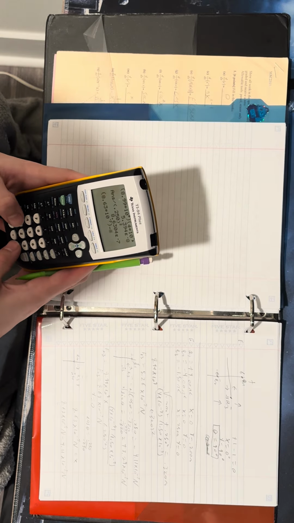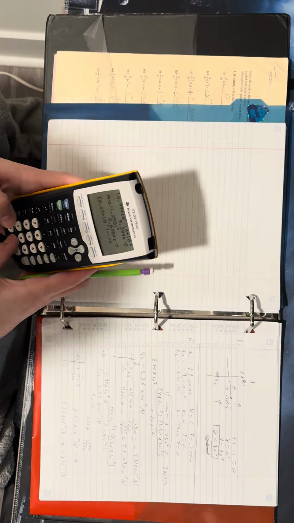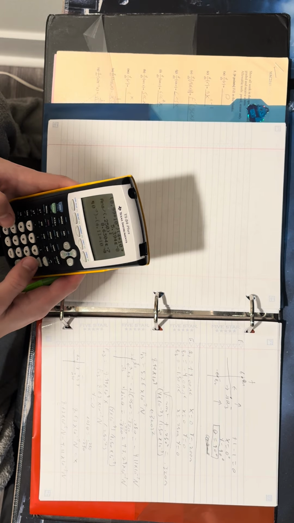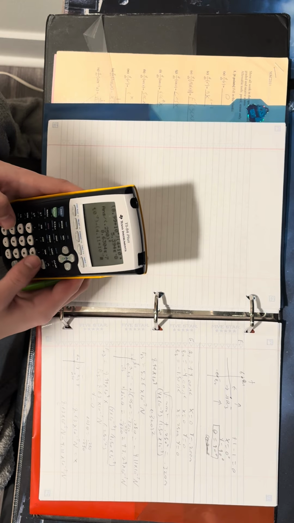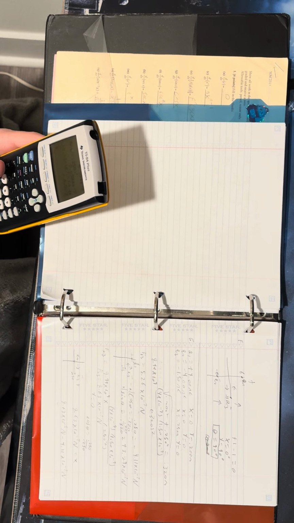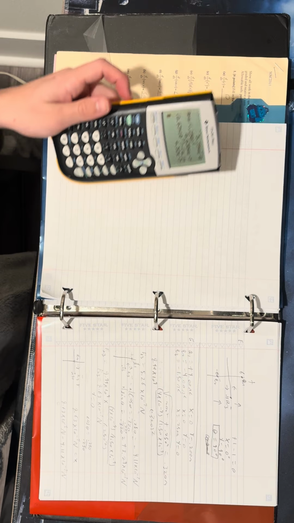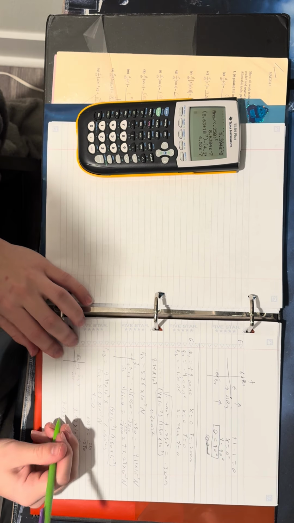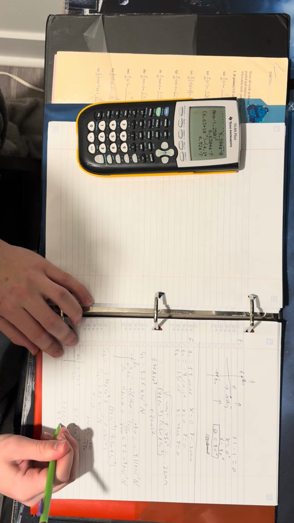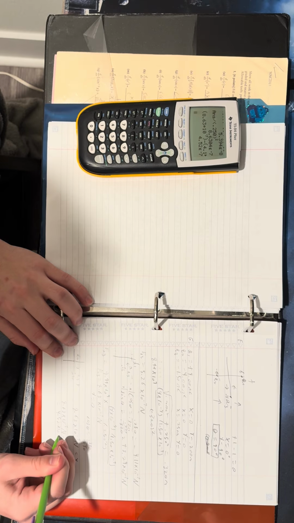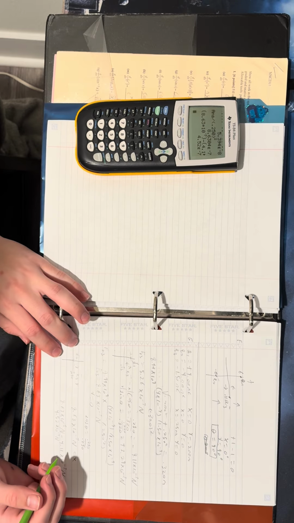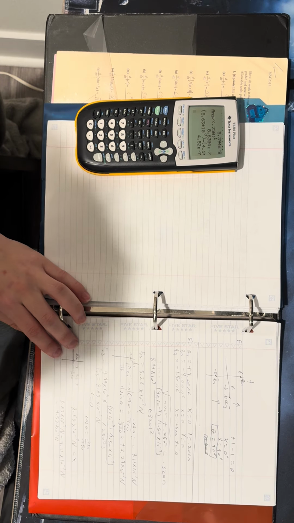Wow, that's just nice. Just cleaned up all nicely like that. I was like, did I do something wrong? 4.52 times 10 to the negative 7 newtons. I think it wants it in newtons, hopefully, but I'll check after.